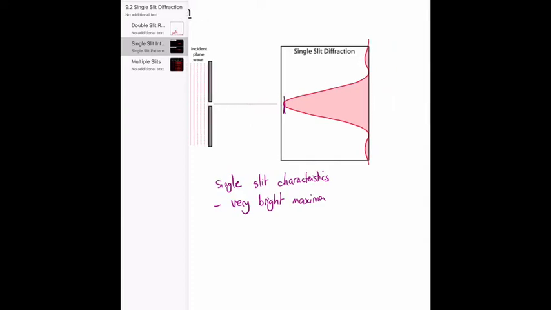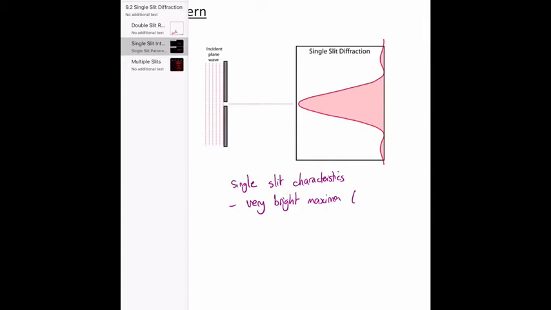This point here is much, much brighter than this point here. And in fact, it's about 20 times as bright as the next maxima, which is about 5% of the bright one. Okay.